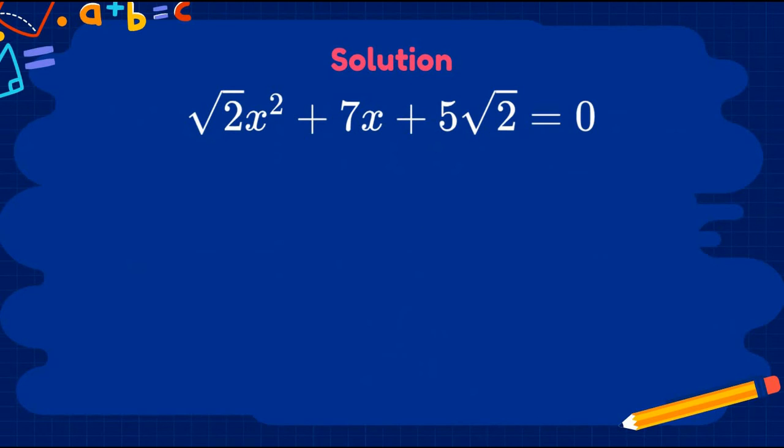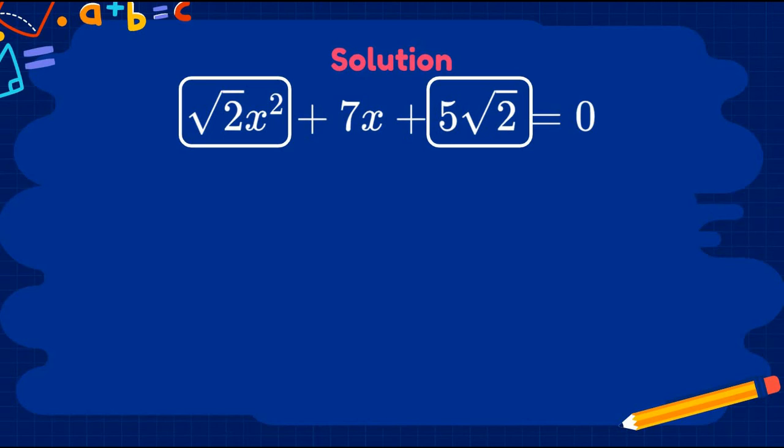As we have been given this quadratic equation, we first have to look at two important things. First of all, look at the coefficient of x square. It will be really important. Here, we have the coefficient of x square as root 2 and the constant term is 5 root 2.